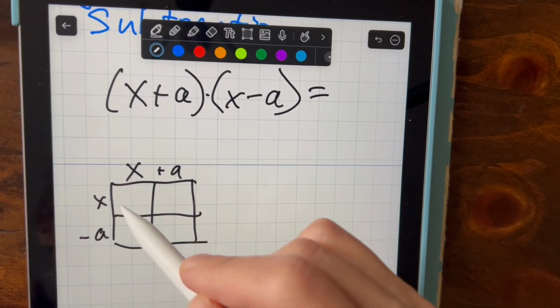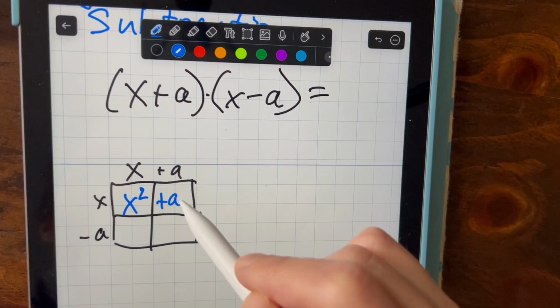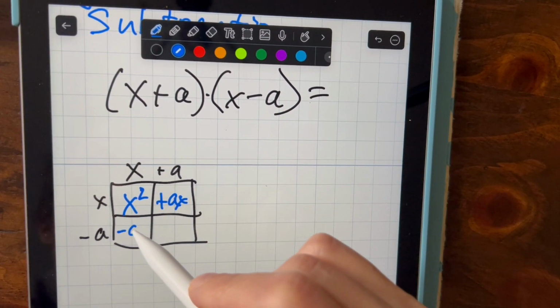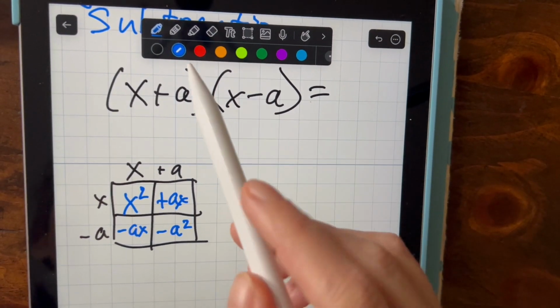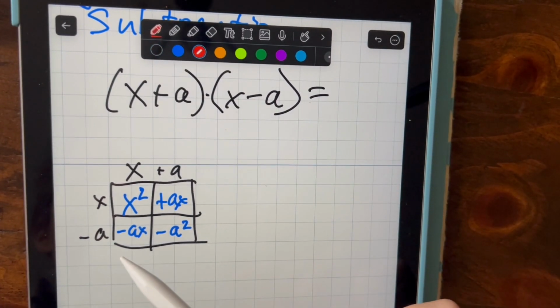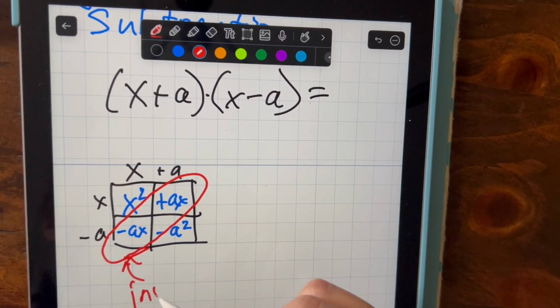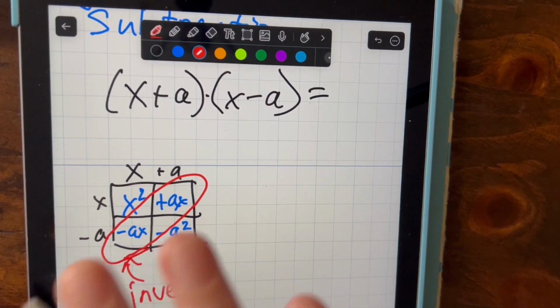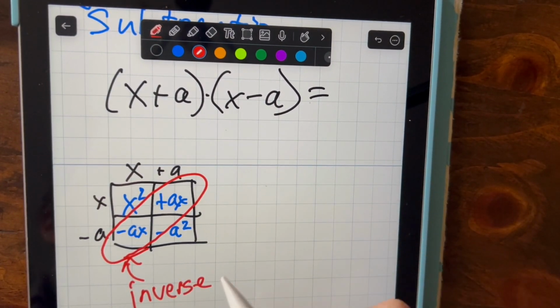X minus a. You get x squared plus ax minus ax minus a squared. Now you'll notice these are opposites. They're inverses. So they cancel each other out.